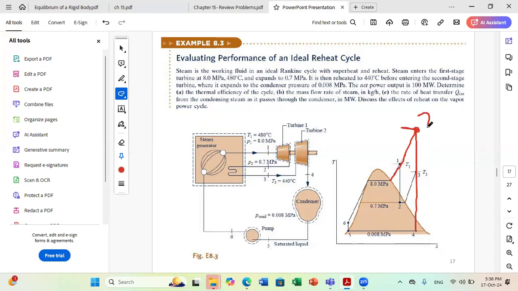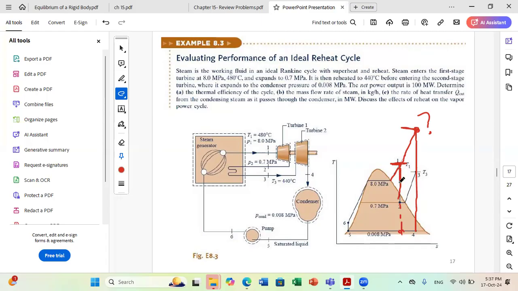So in order to avoid thermal constraints for our turbine, there is no need to heat to this temperature. We can limit ourselves to a temperature below the maximum allowable temperature. Instead of expanding in one step, which would give a low quality at the exit of the turbine, we expand in two steps.